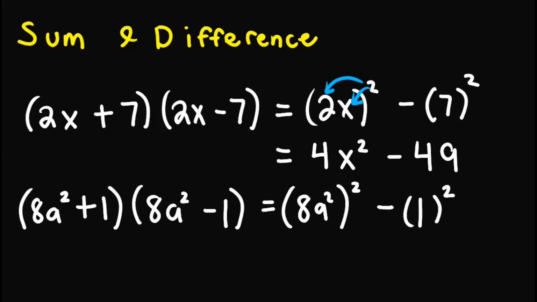Similar to the first one, the 2 here will distribute to the 8 and a squared. So we'll obtain 8 squared is 64, a squared squared will give us a raised to 4, minus 1 squared is simply 1. And so that is how sum and difference works.